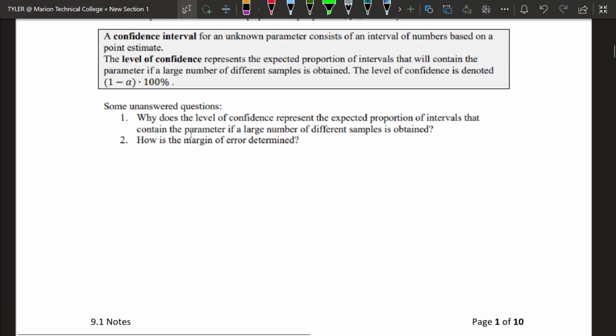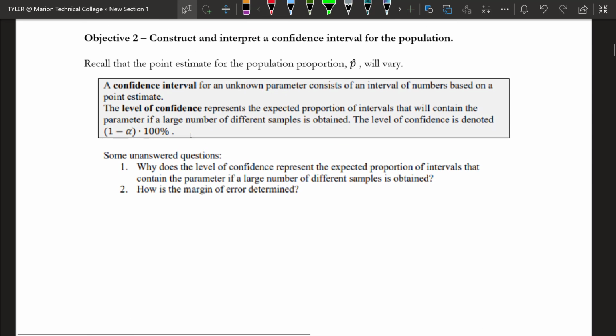When we looked at this in the last section, let's say I'm getting a sample size of 30 people, if I keep random sampling and getting 30 different people, my p hat value, my statistic, is going to be different depending on the group that I have.